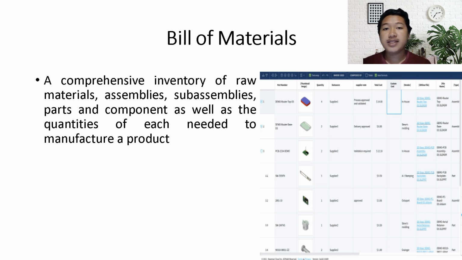Here, it is listed what type of component, the selection of components, the quantity of each component to be used in the product, the assemblies, the raw materials. It is where the list and the cost of the products to be used to manufacture a product.